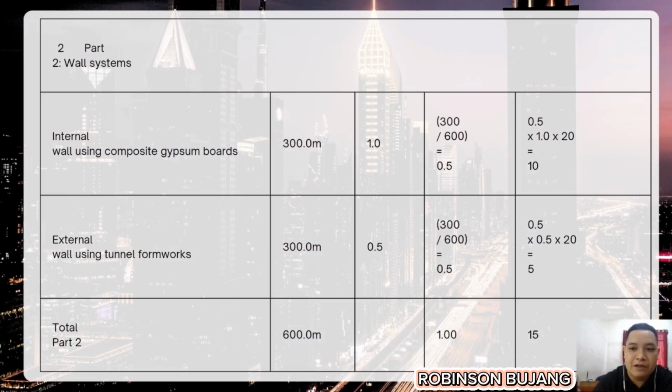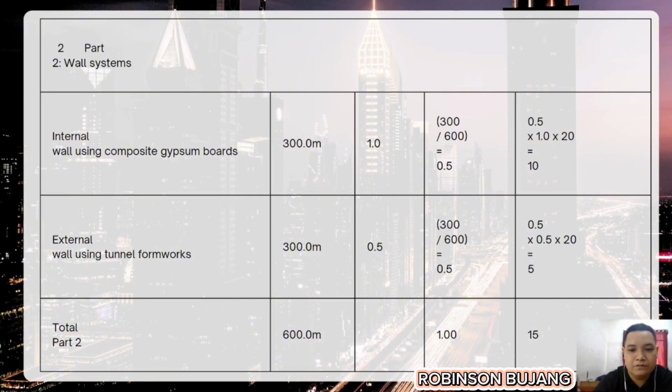Now calculate the IBS score. 0.5 times 1 times 20 equals 10.